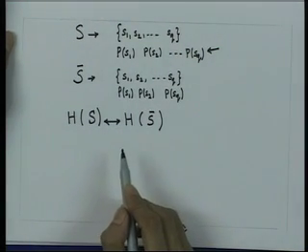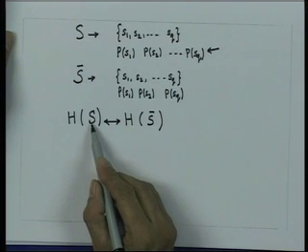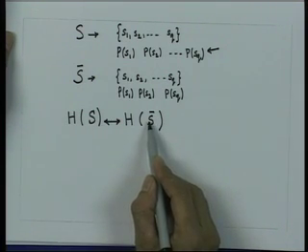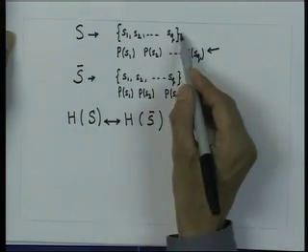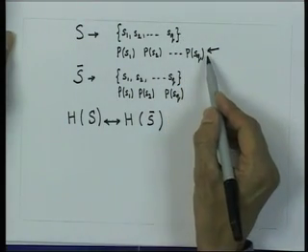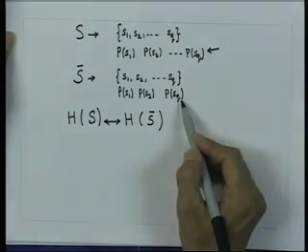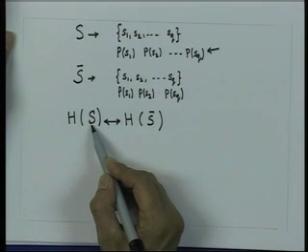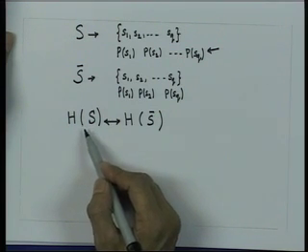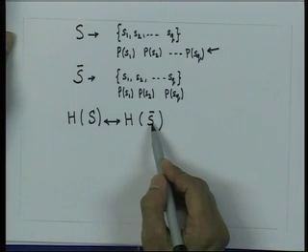What it means basically is that in all respects the source S and S bar are the same, source alphabets are the same and the unconditional symbol probabilities are the same, but the source S emits symbols wherein the occurrence of each symbol is dependent upon the preceding symbol, whereas S bar is a zero memory source.